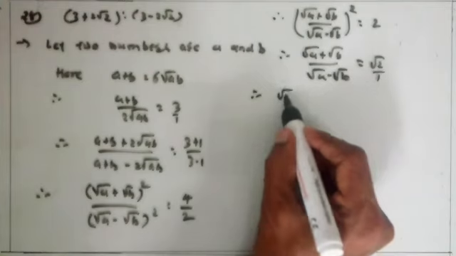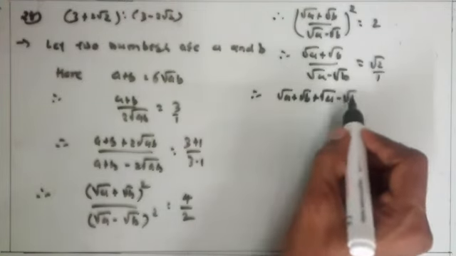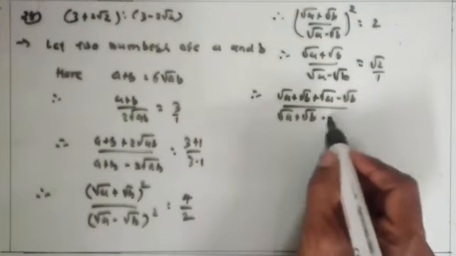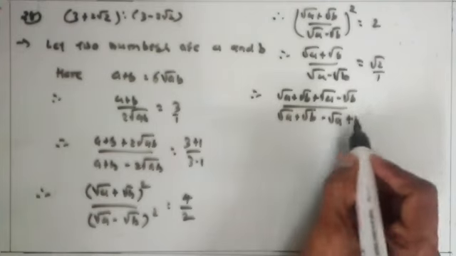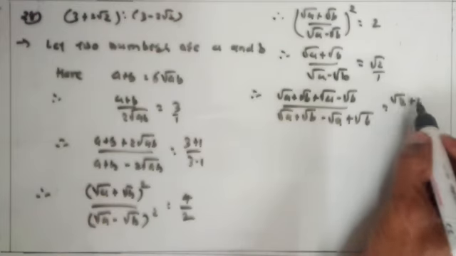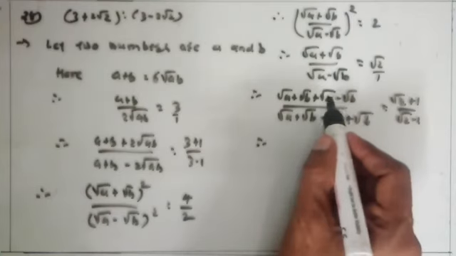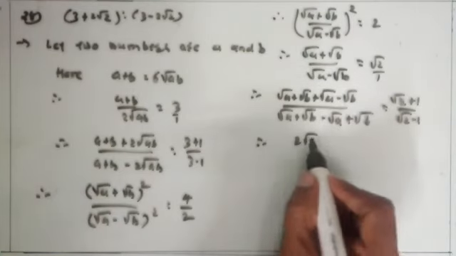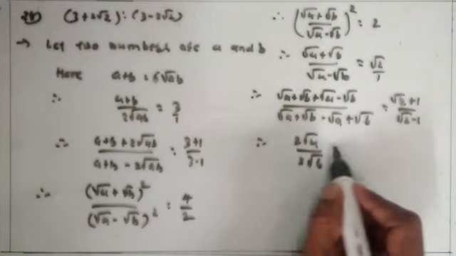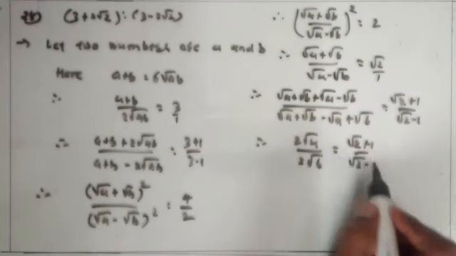Therefore, (root A plus root B plus root A minus root B) upon (root A plus root B minus root A plus root B) is equal to (root 2 plus 1) upon (root 2 minus 1). Therefore, here we get 2 times root A upon 2 root B is equal to (root 2 plus 1) upon (root 2 minus 1).